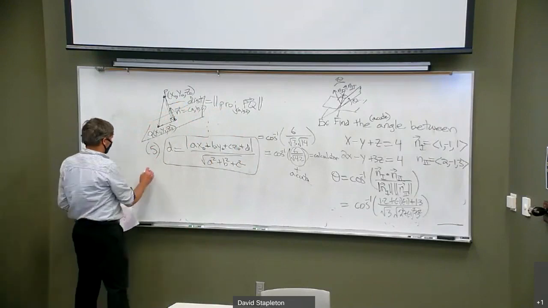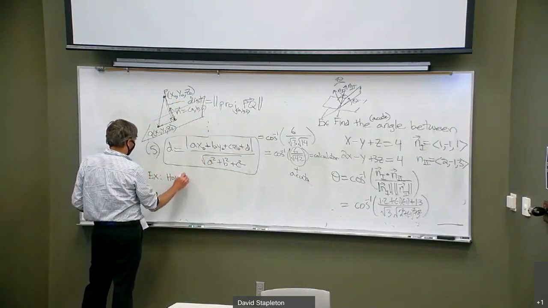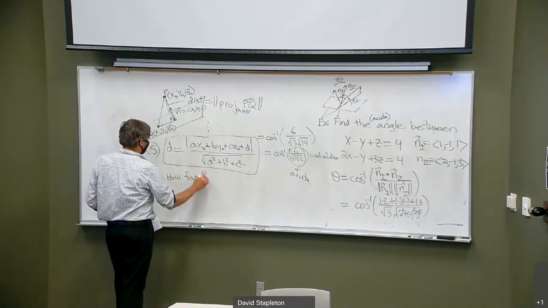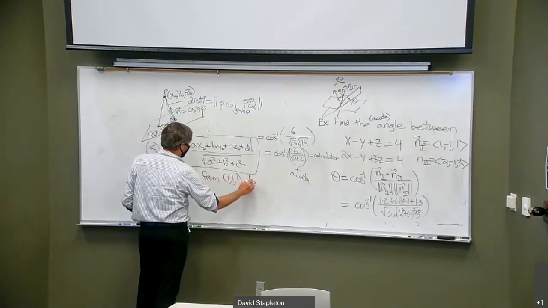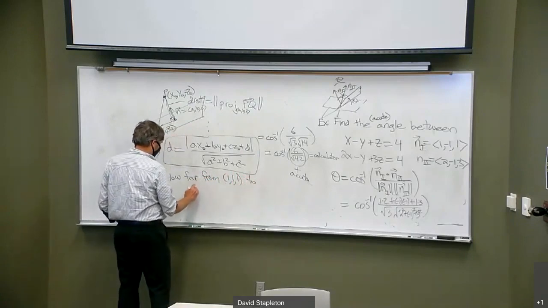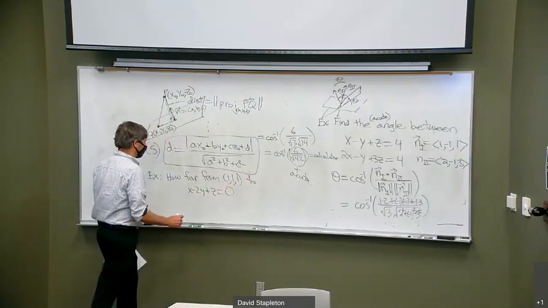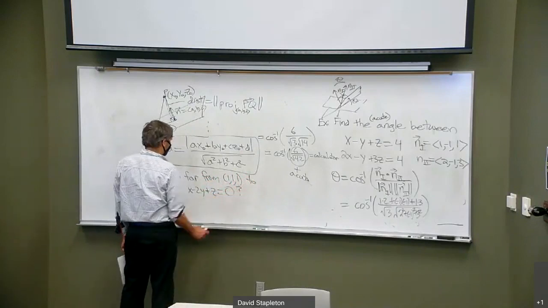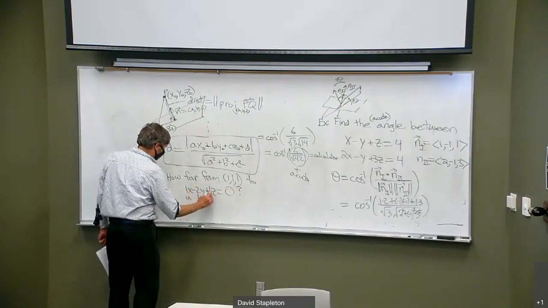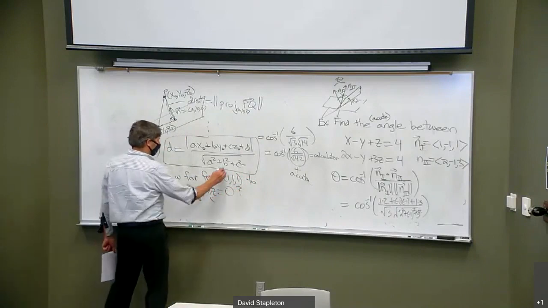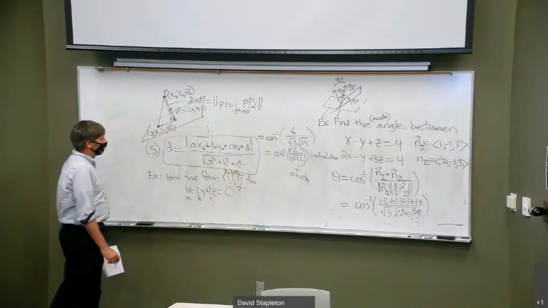So for example, how far is it from the point 1, 1, 1 to the plane x minus 2y plus z equals 0, which goes through the origin? Here A, B, and C are 1, minus 2, 1. We call this x0, y0, z0, and all you have to do is plug in.